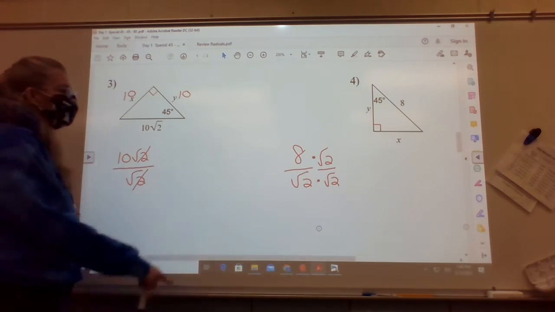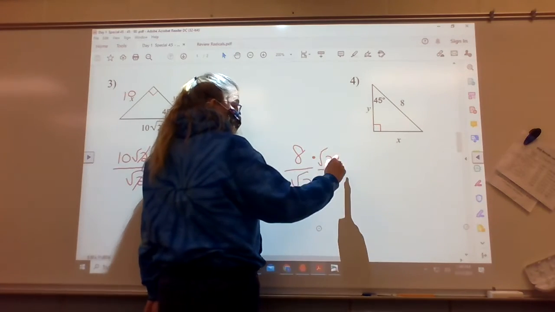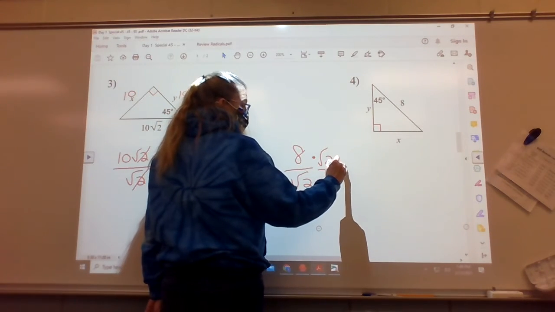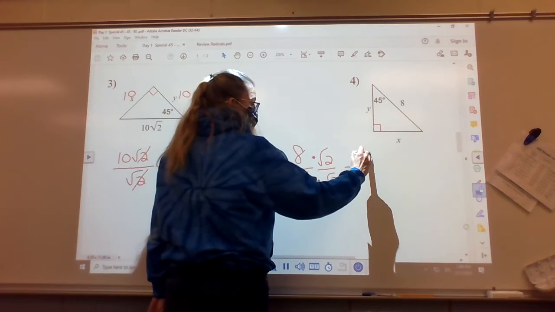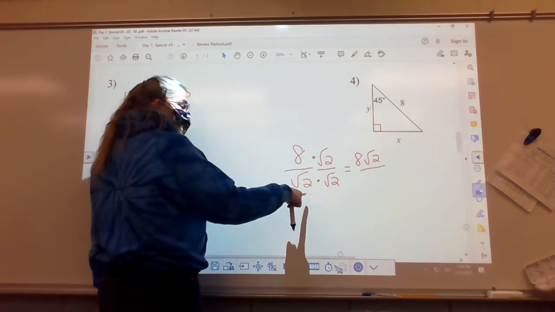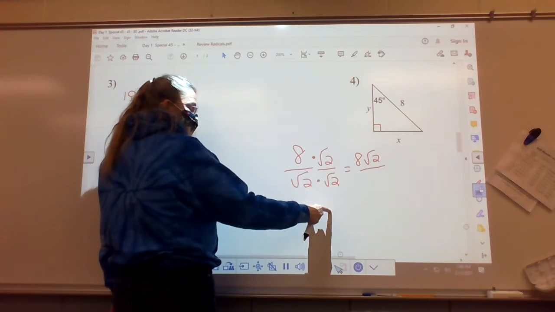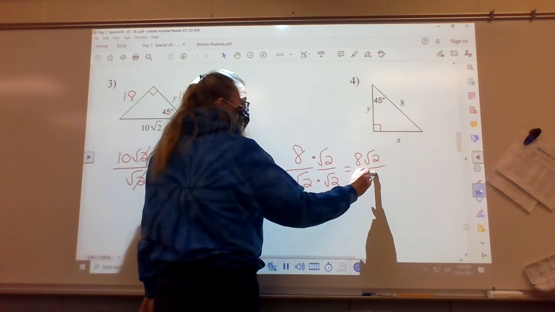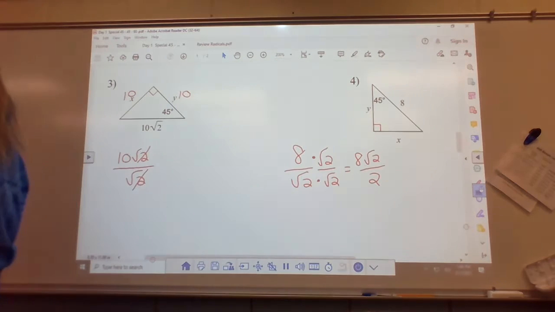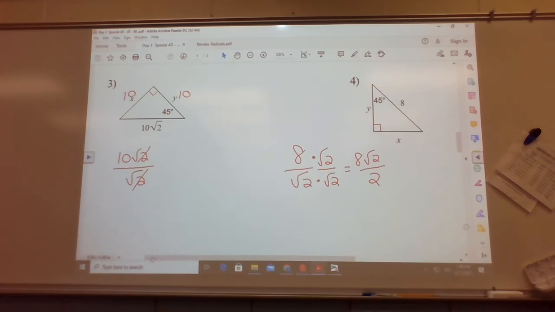Well, on the top, 8 radical 2. On the bottom, square root of 2, square root of 2. I've got two 2's so the 2 can come out. So I get just a plain old 2. Now, if you remember the last step from when I was dividing Wednesday, my last step was, if you can reduce the whole numbers, reduce the whole numbers.